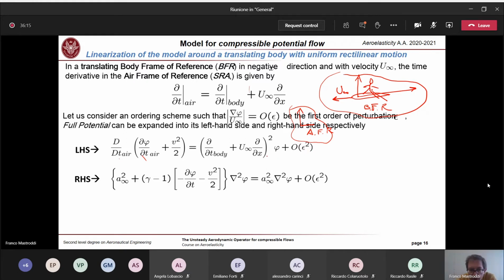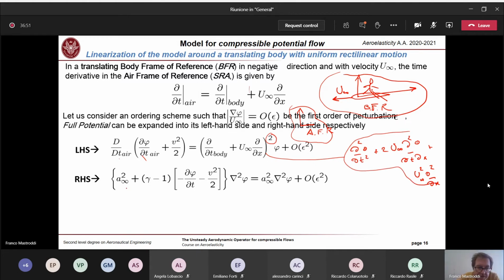Of course, when you have this operator with this square, you mean that you have to derive 2 times with respect to the time, plus 2u infinite 2 times with respect to time in body frame of reference and space, of course, and you have finally this. However, I know that you are familiar with this notation in your gas dynamic courses, okay?